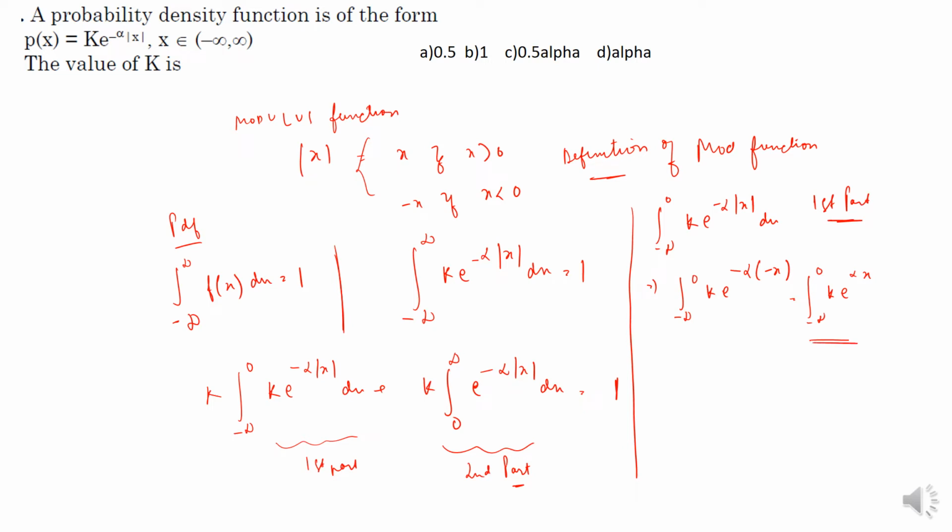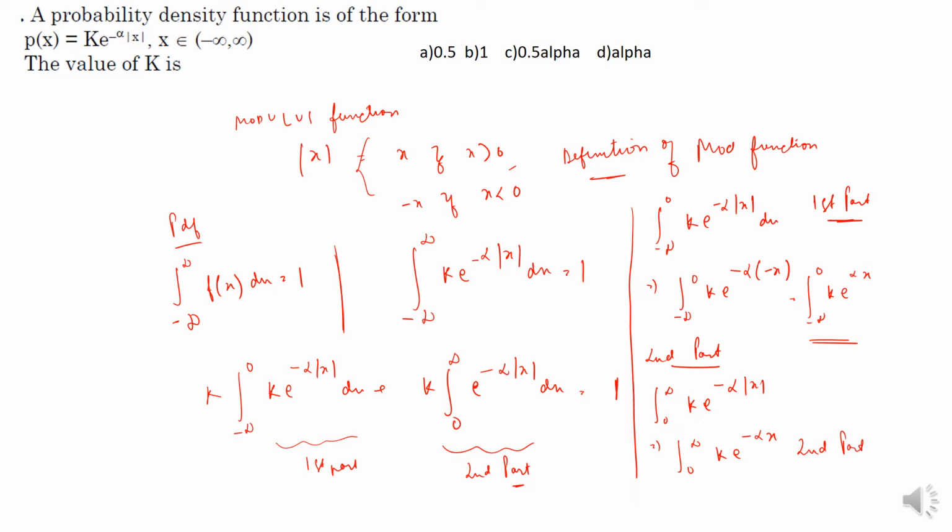Okay. Now the second part is the integral from 0 to infinity of k e power minus alpha mod x. For 0 to infinity, meaning x is greater than 0, mod x is x only, so you can write it as the integral from 0 to infinity of k e power minus alpha x. Okay, so this is the second part.